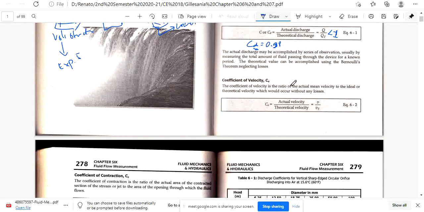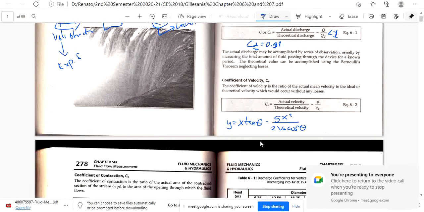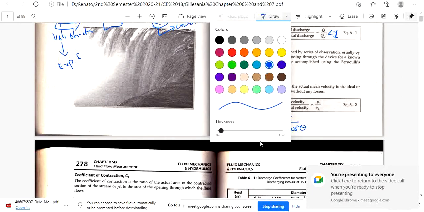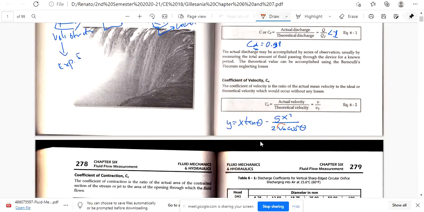Mao na ang katong makuha nimo sa katong equation nga gi-discuss last time nga y is equal to x tangent theta minus gx squared over 2 v actual cosine squared theta. Kani nga equation. So ang VA ani, kani actual velocity na.